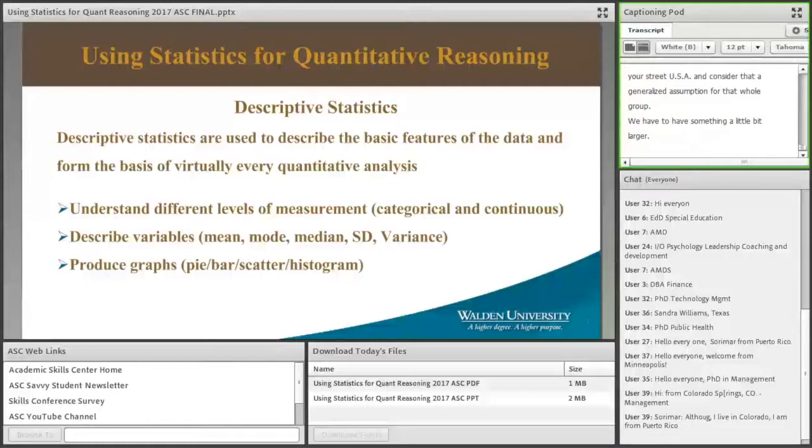Now, in statistics, we also have a term that's the ever-present part of the process of quantitative reasoning. It's called a variable. A variable is something that can be identified and measured. Examples of variables are gender, height, weight, ethnicity, attitudes, etc. But variables are broken up into two main groups.